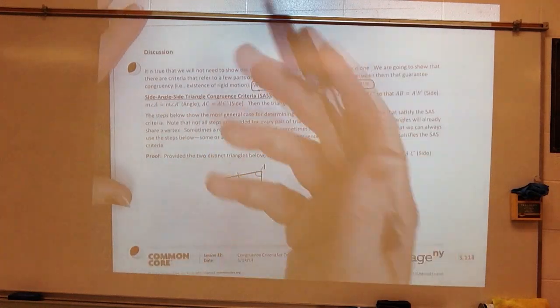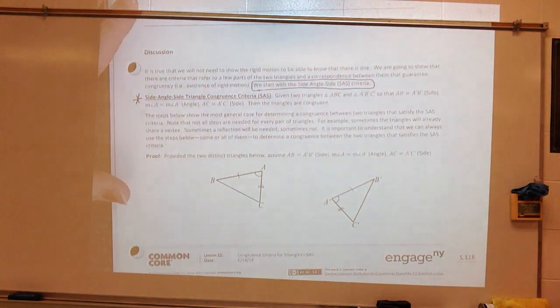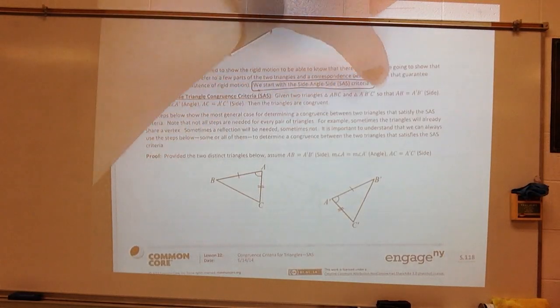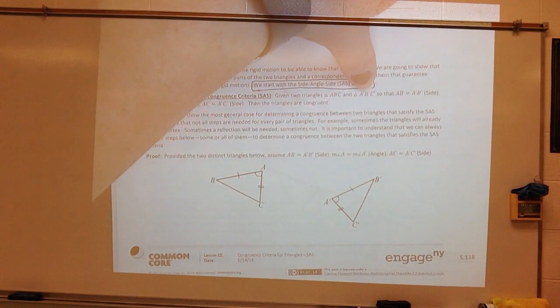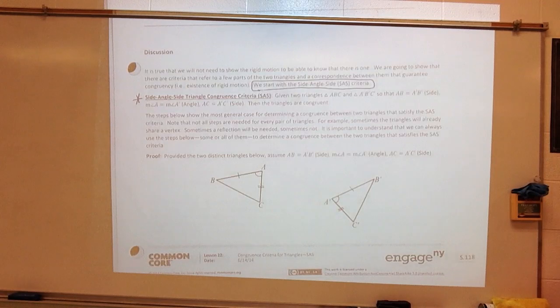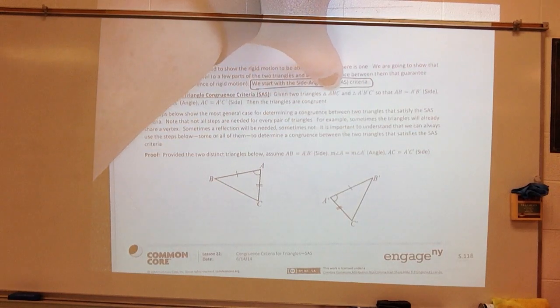So this right here explains it to us. It says the side angle side triangle congruence criteria. If you are given two triangles, triangle ABC, and then triangle A prime, B prime, C prime, this A prime, B prime, C prime is the triangle that has been transformed in some way. This is going to be our pre-image.